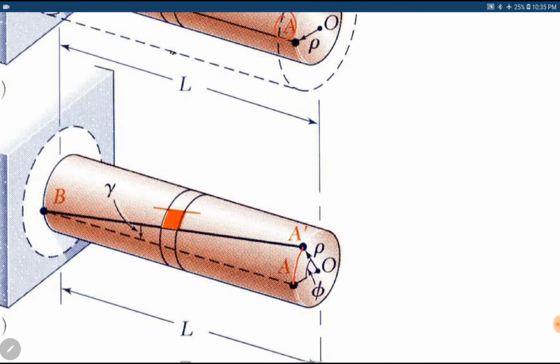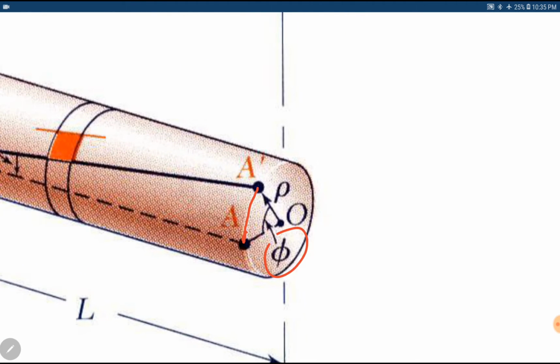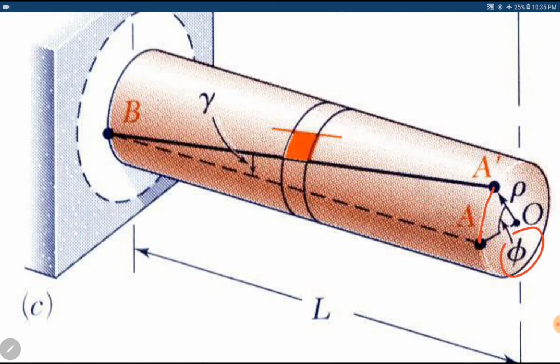There is an angle of twist on the cross section, you can see angle phi, and there is another angle between initial line AB and the new line A dash B. This angle is gamma.